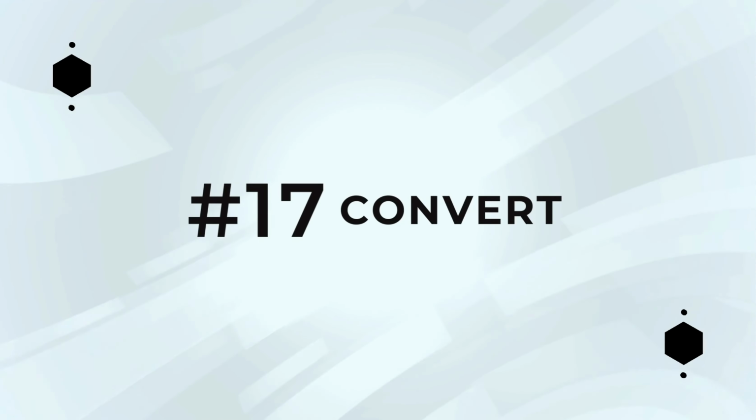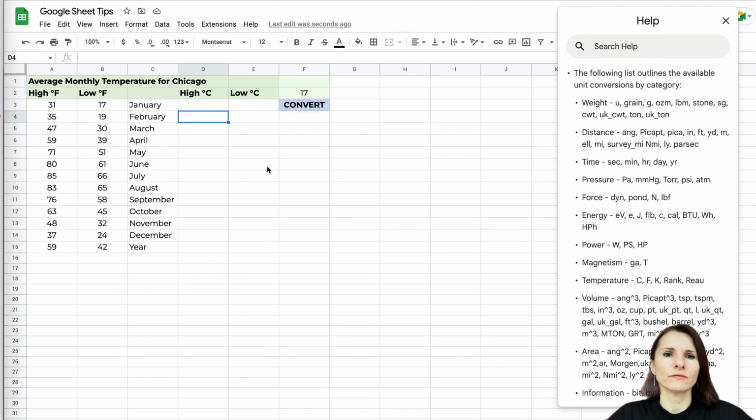Number 17, the CONVERT function. It's a useful function for certain things, like if you have data points in a certain measurement and you want to convert to another one quickly, or reference in your data, like you want to have a calculation, you don't want to do it manually, because later on, if something changes, you would have to remember to do that.